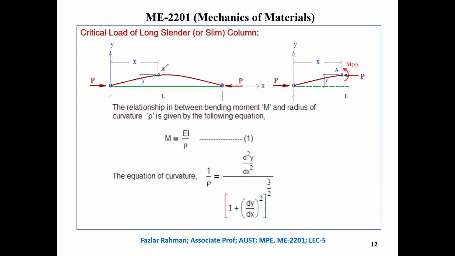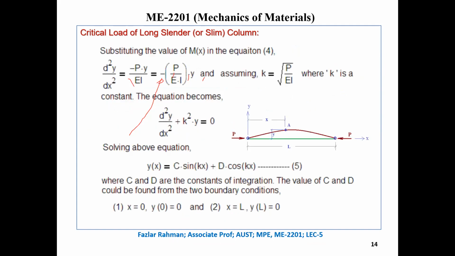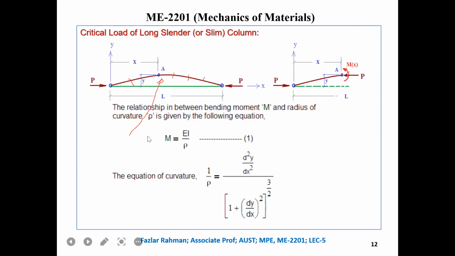Why does it get deflected? Because at every point, a bending moment acts in the column. This deflected shape has a certain radius, called the radius of curvature, which we call rho. The elasticity of the material is E, and the section property, the moment of inertia, is I. The relationship between bending moment and elasticity is M equals EI by rho.